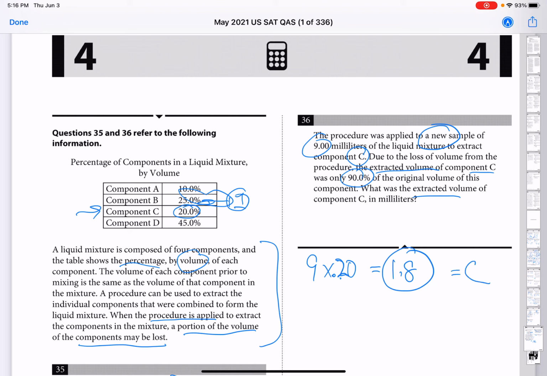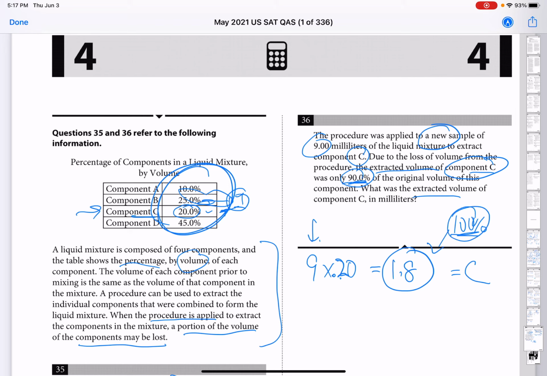However, they said that out of this component C, you're only going to get 90% of it. So this 1.8 actually represents 100% of whatever component C was. I know it says 20% of the whole mixture, but this represents 100% of what component C is for this 9 millimeter mixture.